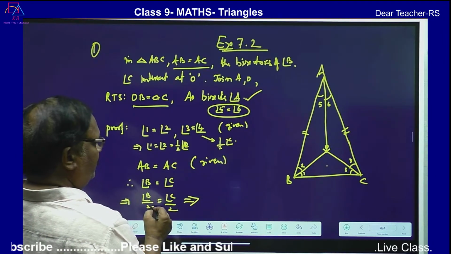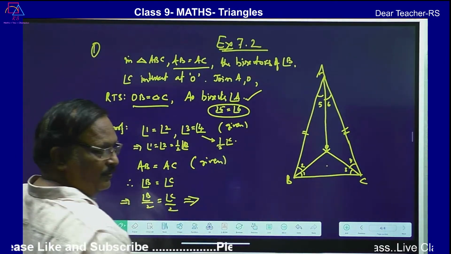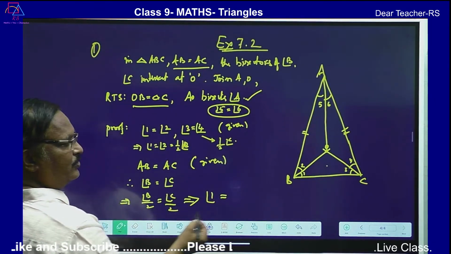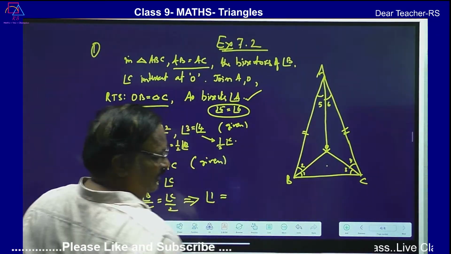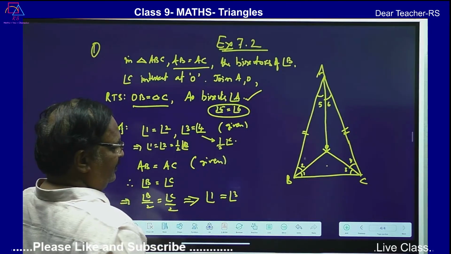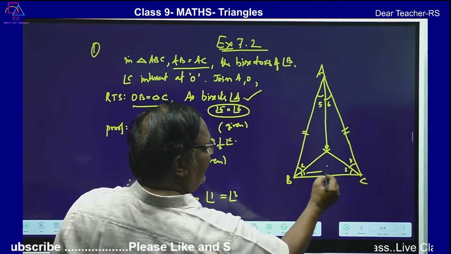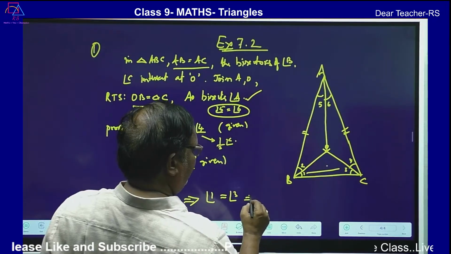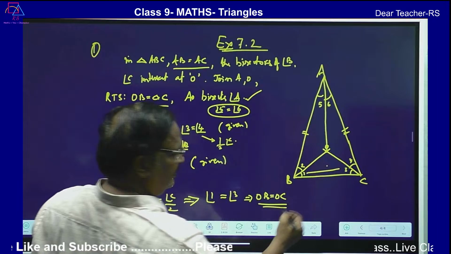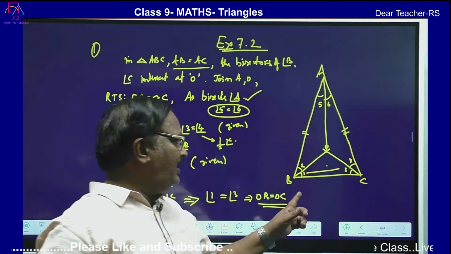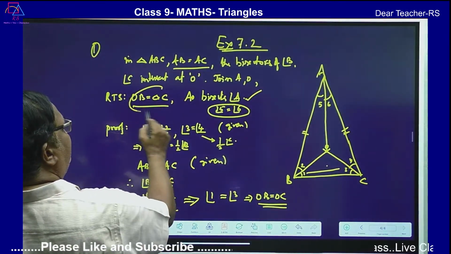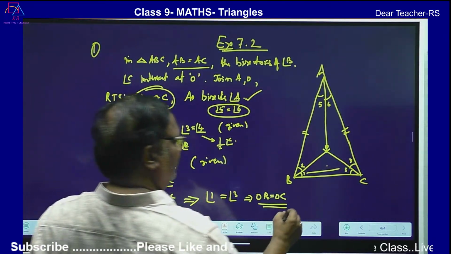So, B by 2 you can write either 1 or 2; I will write angle 1. C by 2 you can write either 3 or 4; I will write angle 3. So these two angles are equal, so that implies OB is equal to OC. Since two sides are equal and opposite angles are also equal, the first one is proved.